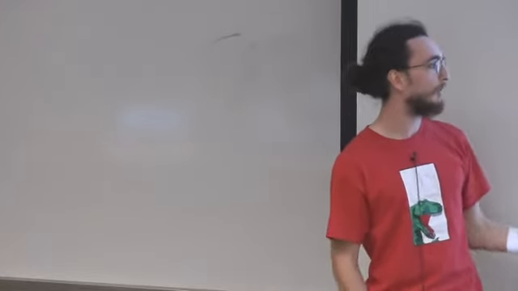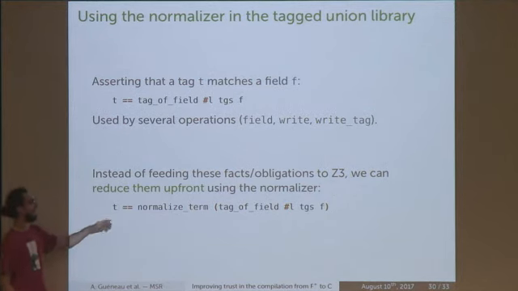But in fact, the list of tags and the list of fields is known statically, so we can just reduce this tag of field invocation upfront by using the normalizer. So we just put normalized term, and this gets reduced before being sent to Z3.